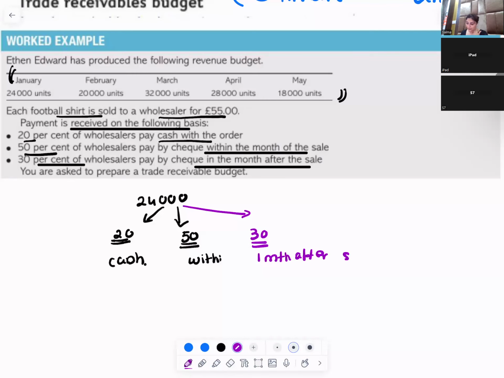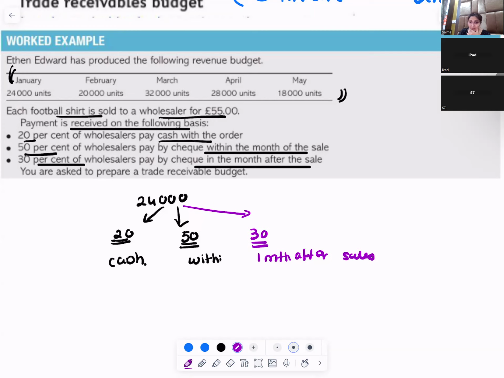So at every point of time, what would be our balance brought down? Can you tell me that? Your balance brought down is basically your trade receivables that are yet to be paid. How much? 30% of the last month.